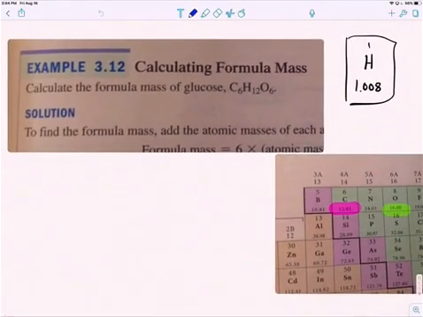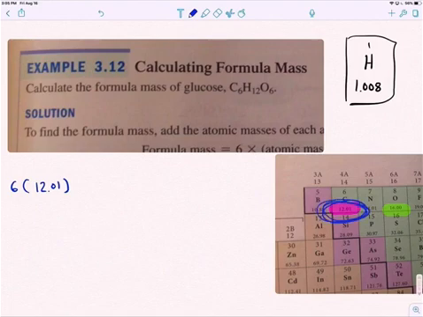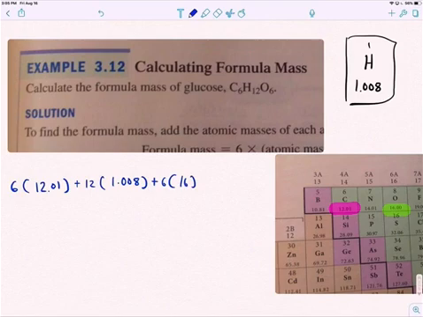So the way you would calculate this is, for carbon, 6 times the atomic mass of carbon, 12.01, which I'm getting from the periodic table, plus 12 times that for hydrogen, 1.008, plus 6 times 16 for oxygen.